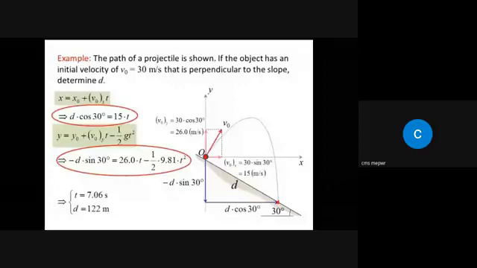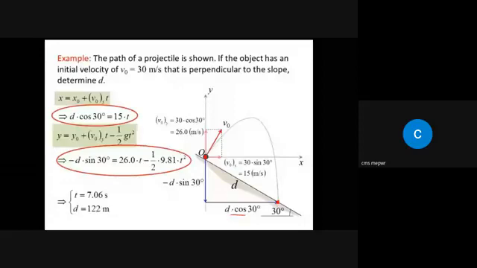If this is x0 y0, which is 0 0, we need to find out this position. So how can we find it? If we get this x value and y value, we can identify it. Even if we only get this x value, we can still find it by using this equation, right?